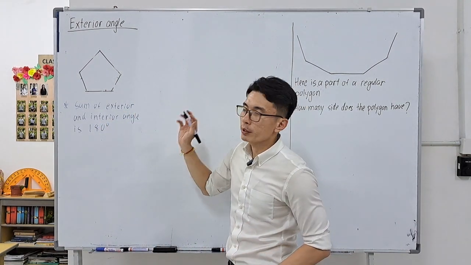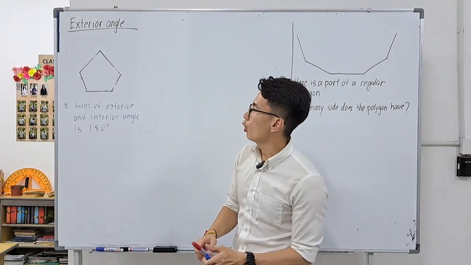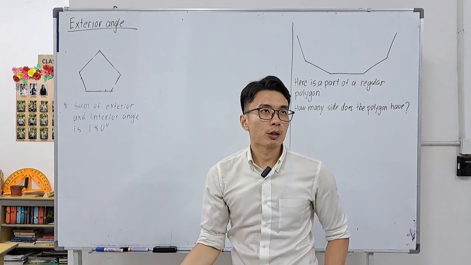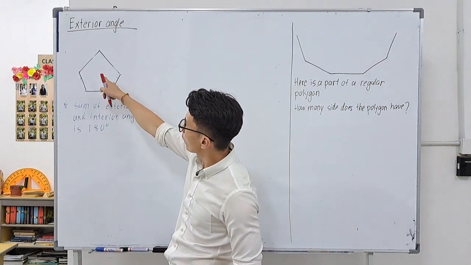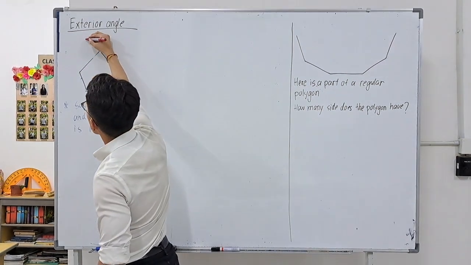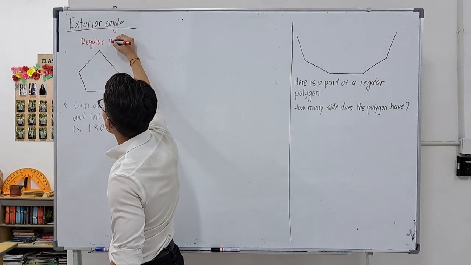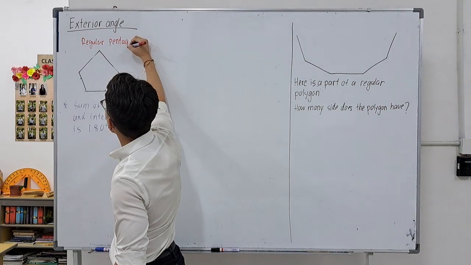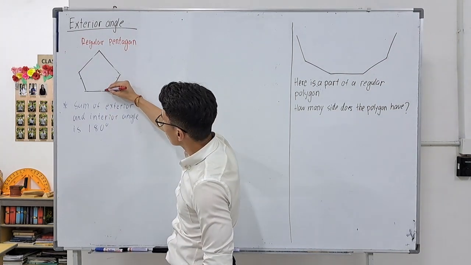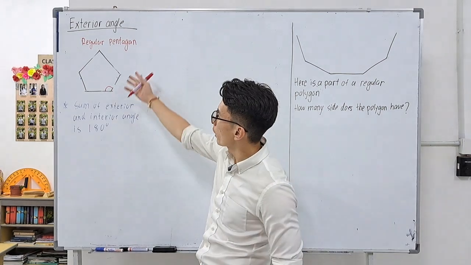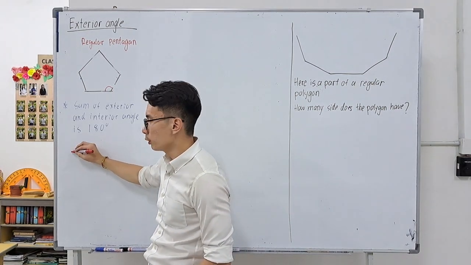So when we want to find our exterior angle, all we have to do is find our interior angle first. Okay? So imagine that this shape is a regular pentagon. With this term, we know that all the interior angles are equal to each other. So we can calculate this by using the formula.